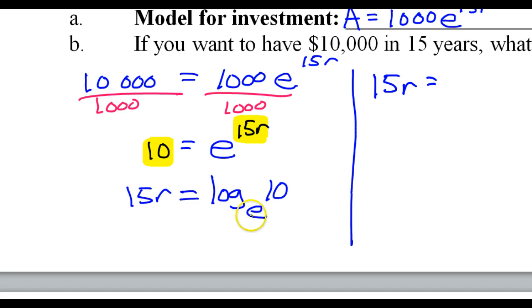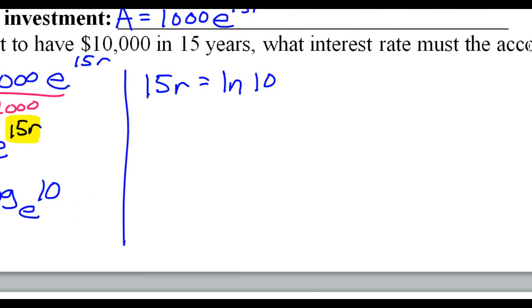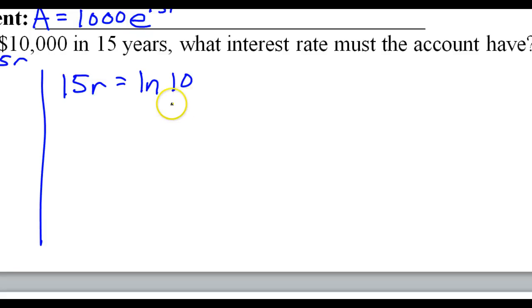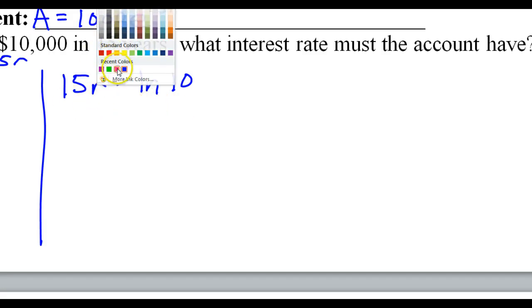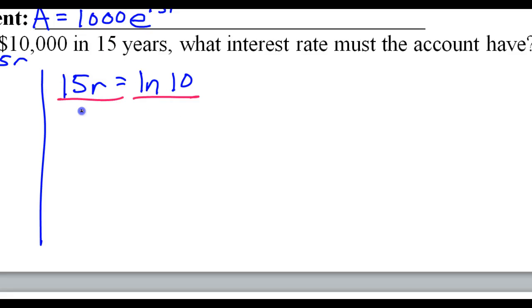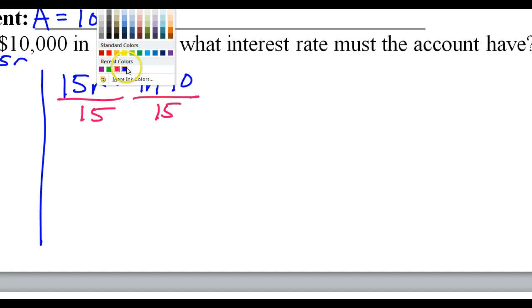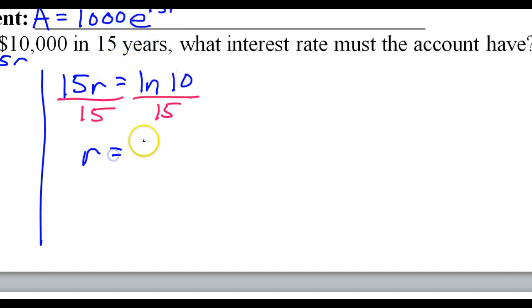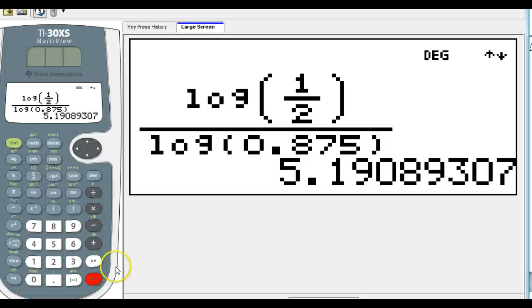That's natural log. So instead of writing log base e of 10, we write natural log 10. It makes it a lot easier to type in the calculator as well. If I want this rate, all I have to do is divide both sides by 15. So that's going to give me r equals natural log 10 over 15.